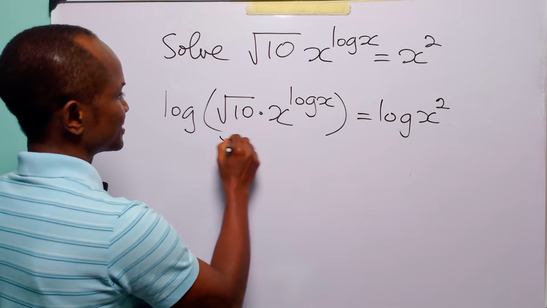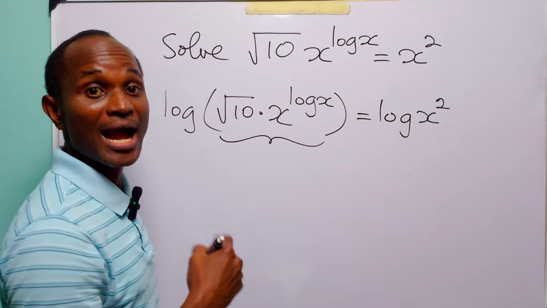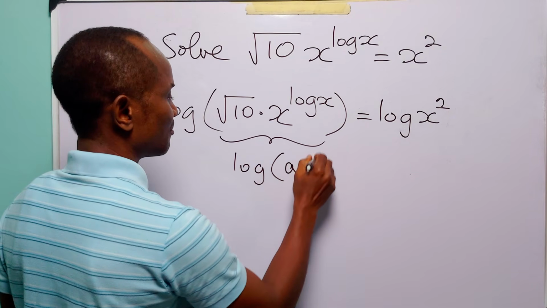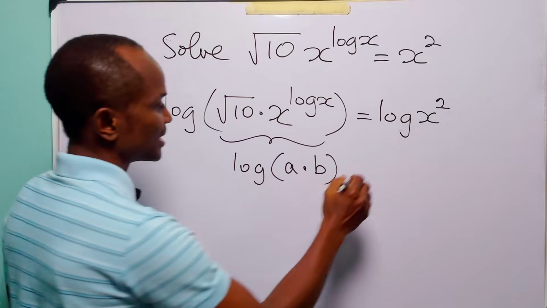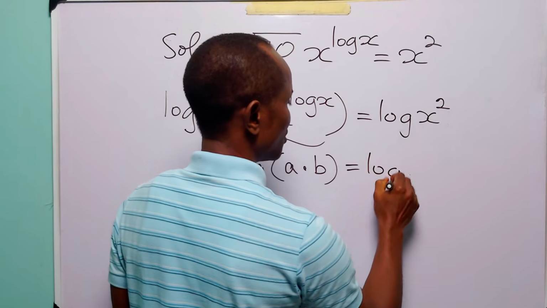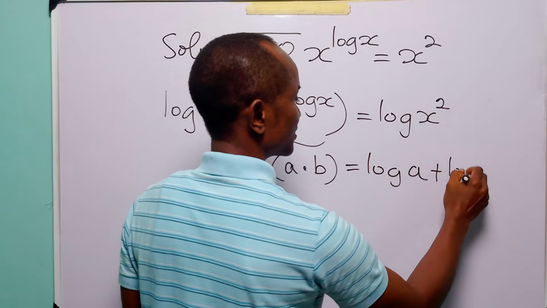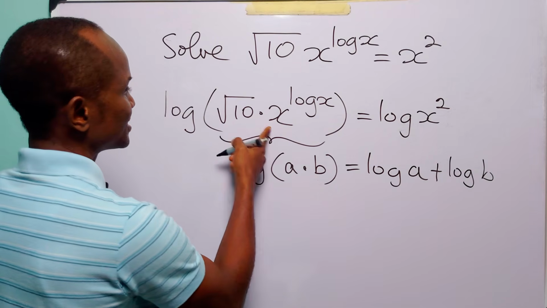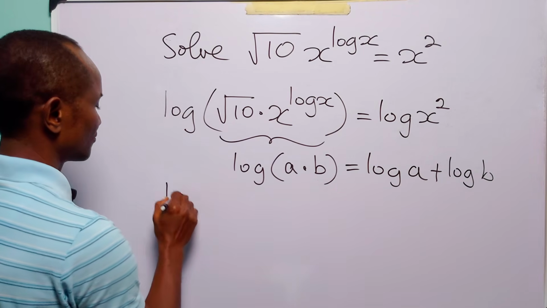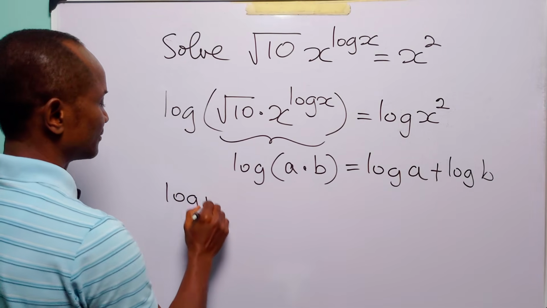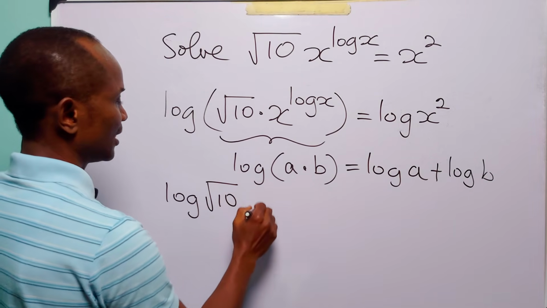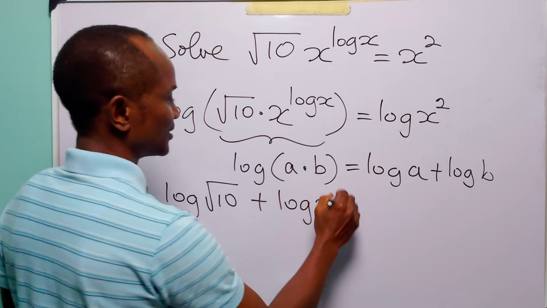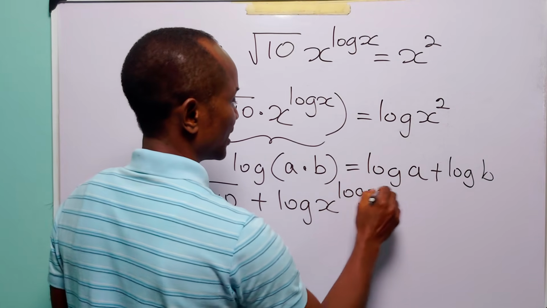Now notice that this is a product, and remember that log of a multiplied by b is equal to log a plus log b. So we can write this left hand side as log root 10 plus log x to the power log x.